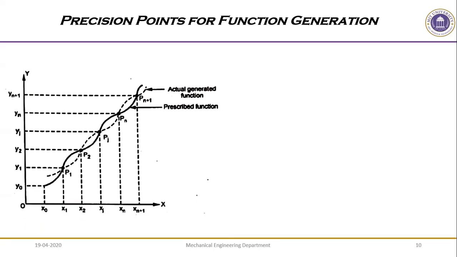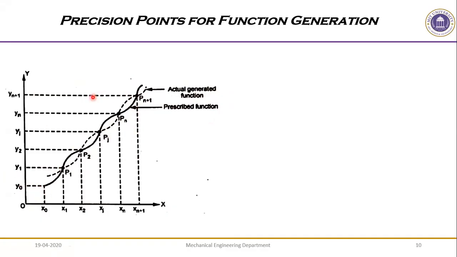Take an example. See over here, the dark one is the path which is prescribed, which is the required one, and the dotted path shown over here is the actual generated function. In this case, the actual generated function and the prescribed path don't match 100% from x0, y0 to xn plus 1, yn plus 1.